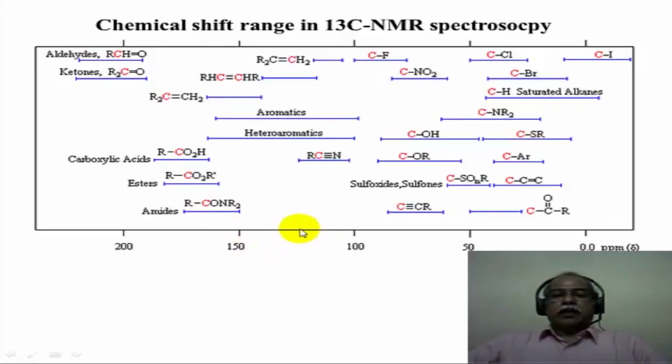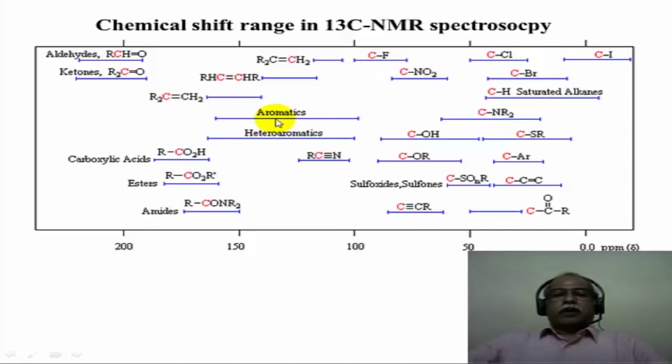Those with electron donating substituents will be shielded, so they come in the region of 110 or 120, whereas those carbons bearing electron withdrawing groups like nitro and chloro and so on will come in the region between 130 and 140. Internal olefinic carbons come in the same region as the aromatic region.